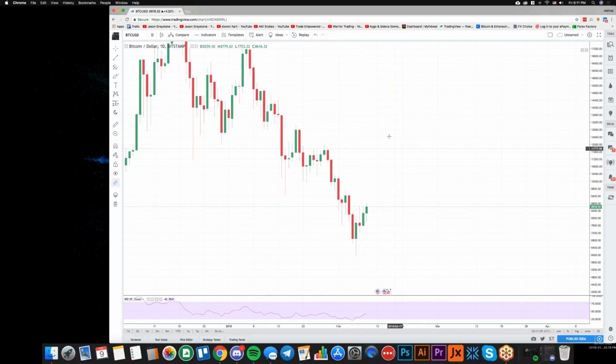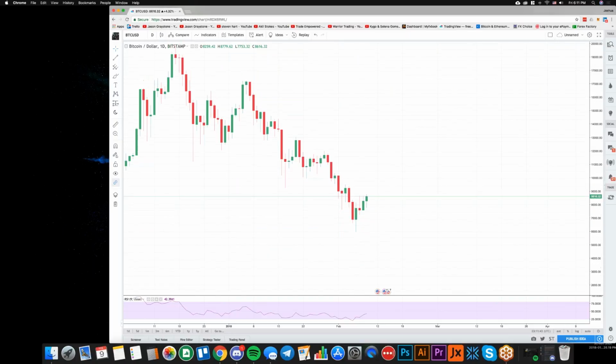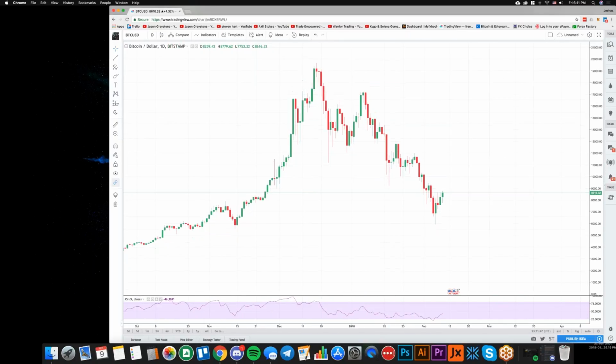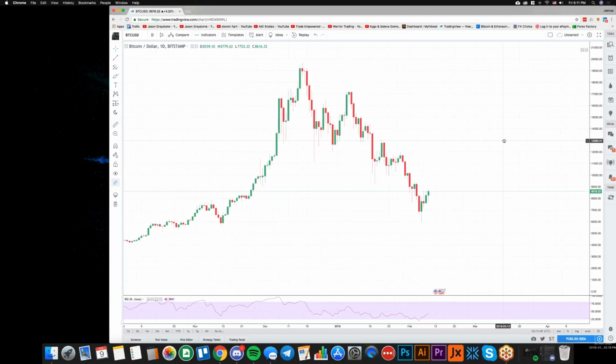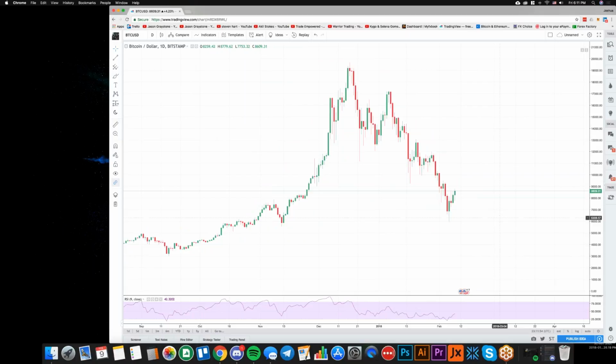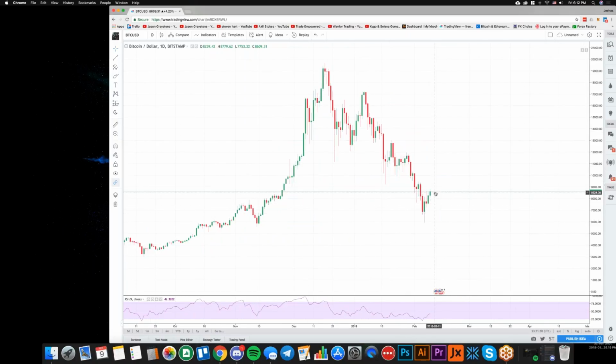The reason that you jump from time frame to time frame is because each time frame gives you a different perspective as to what the market is doing. You can see on the daily time frame here that we've been in a downtrend for quite some time, and it indicates that we are due for a recovery, right?